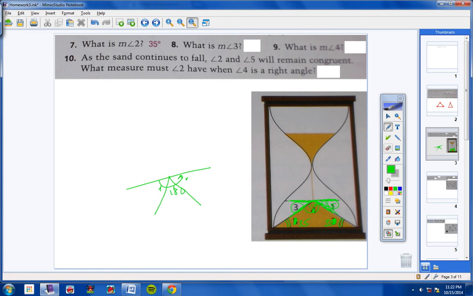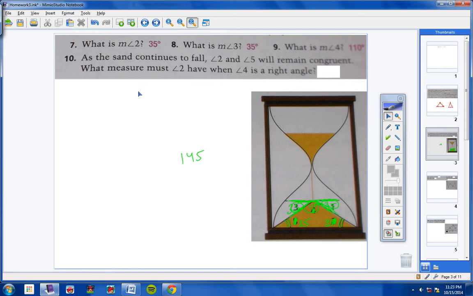So I have 35 here plus 110 is 145, so that angle 3 must be 35 because 35 plus 145 is 180. So what is the measure of angle 3? 35 degrees. What is the measure of angle 4? We already found that: 110 degrees.